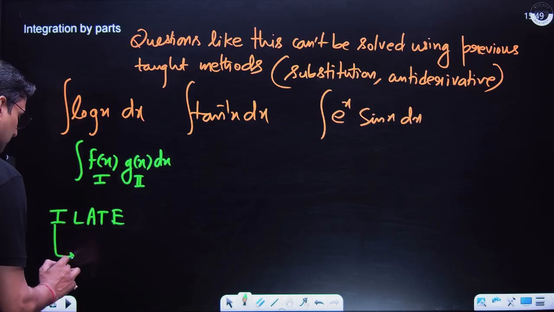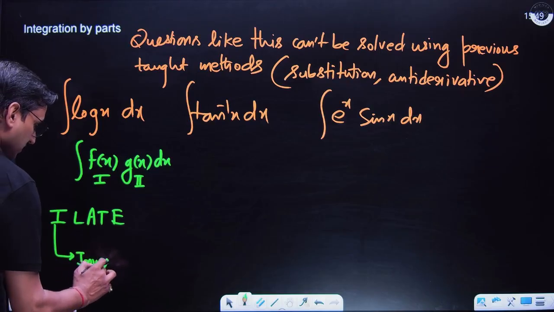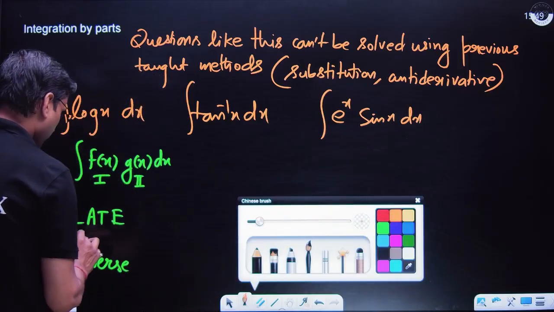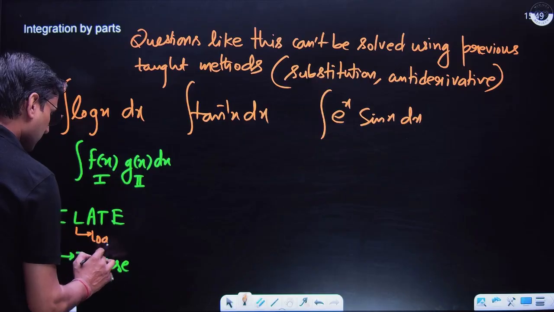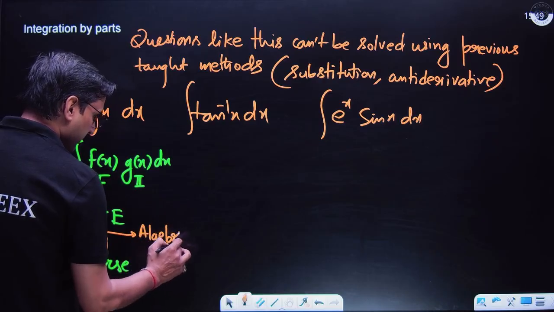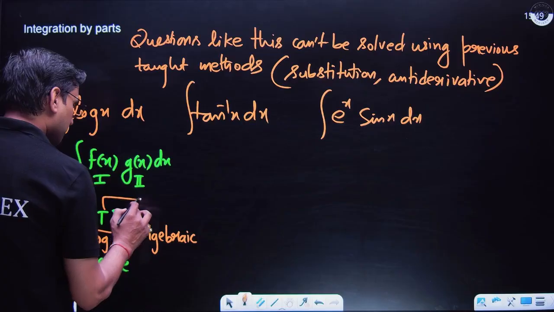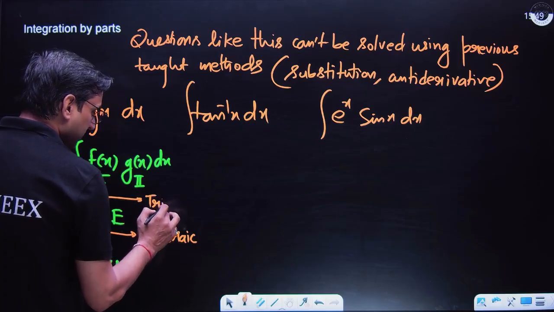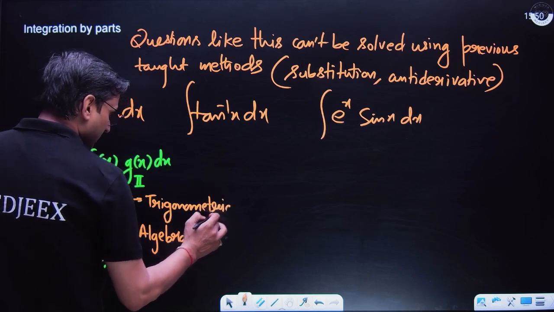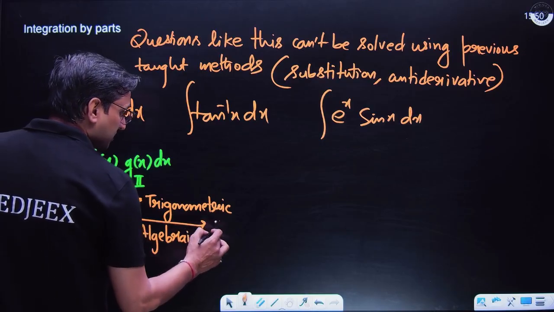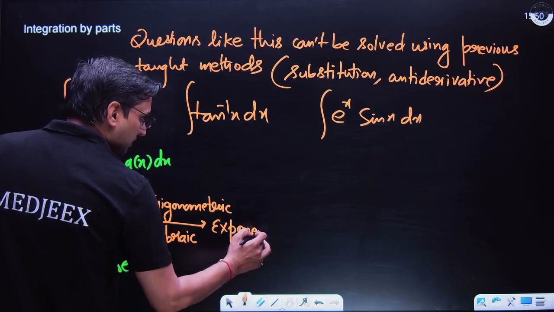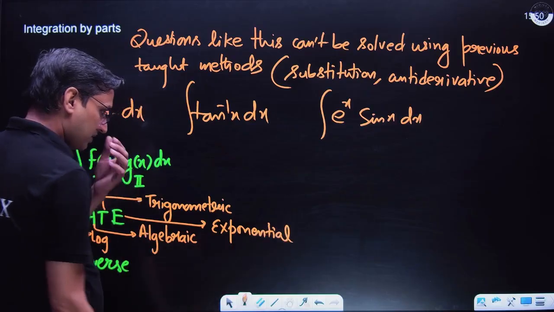I stands for inverse. L stands for log. A stands for algebraic. T stands for trigonometric. And E stands for exponential. Is it clear?